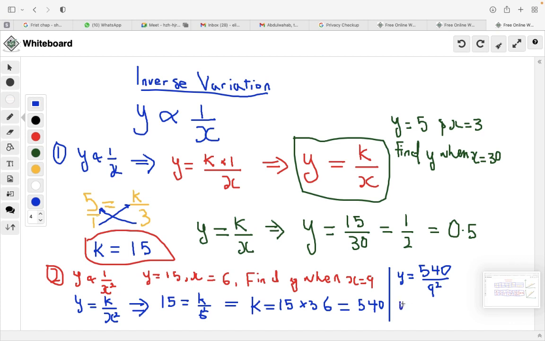So y will be equal to 1800 divided by 81. That will be our value of y. What do we get?